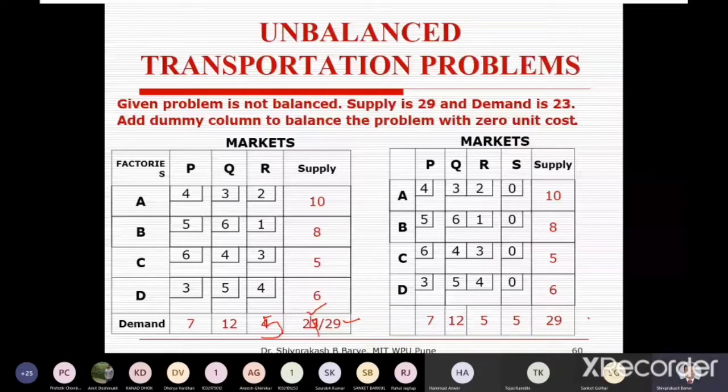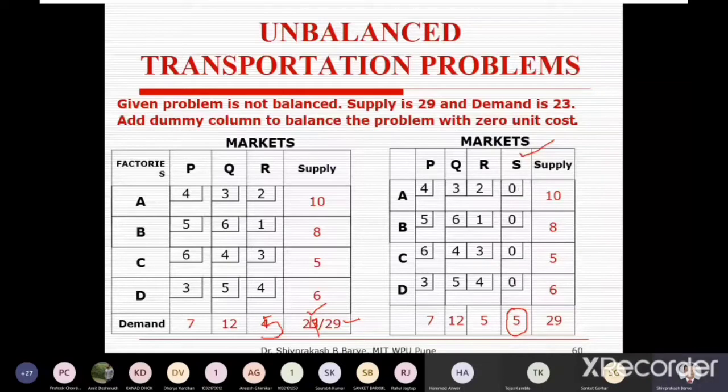So we have to add this extra 5 units to balance the problem. But how to add these 5 units? We have to create one dummy market or dummy warehouse, and assign a zero value for each and every cell.